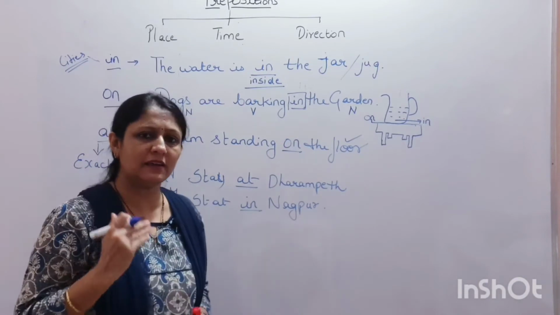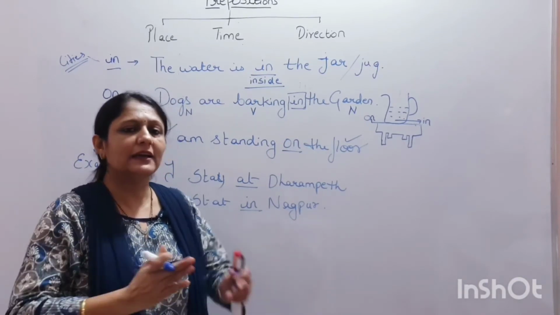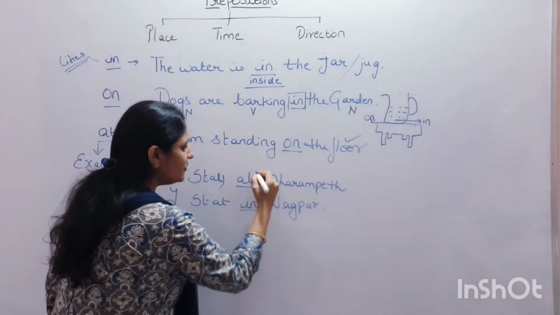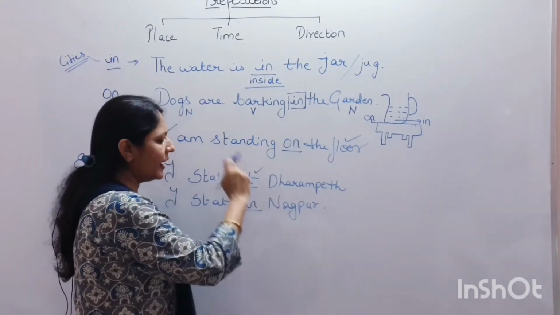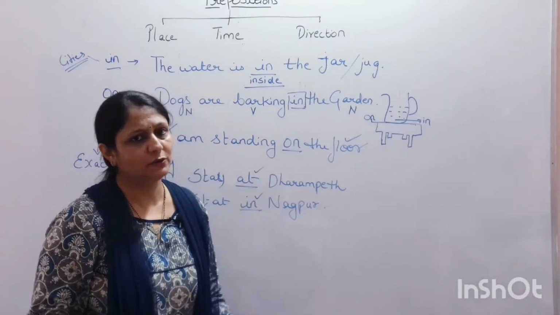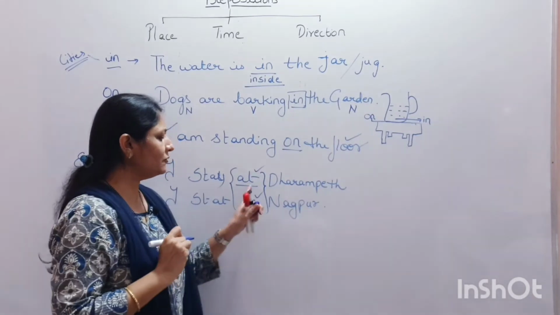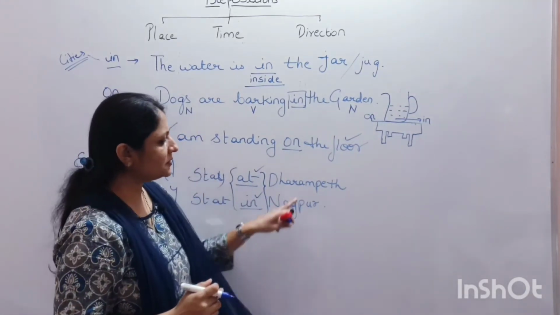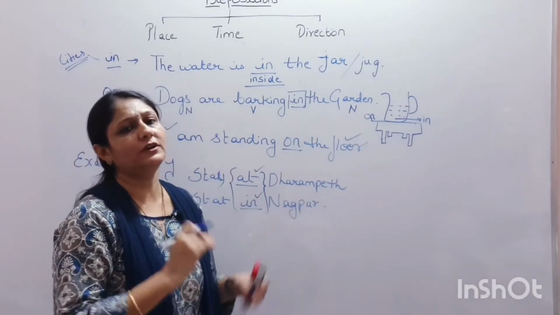So if I am staying at Nagpur, that is the exact city where I am staying, but it is a bigger area. If the area is small, it is more exact. We use the preposition at. If the area is big, we use the preposition in with it. So here also we can say that both of them tell the place, but one is the more exact thing and this is the exact thing in the broader sense.